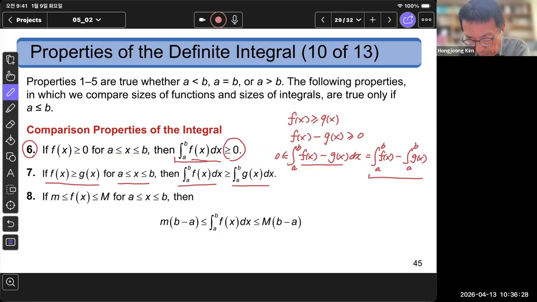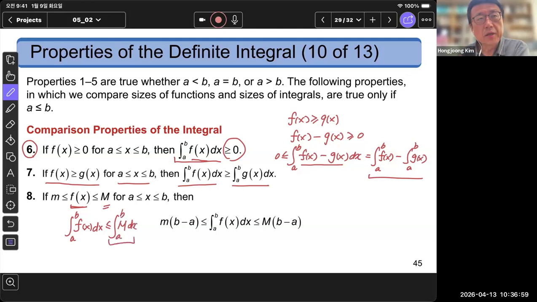So if my f is bounded by lowercase m and uppercase M, in other words, if my f of x is less than or equal to uppercase M, then by property 7, the integration of f of x from a to b will be bounded by the integration of M from a to b.